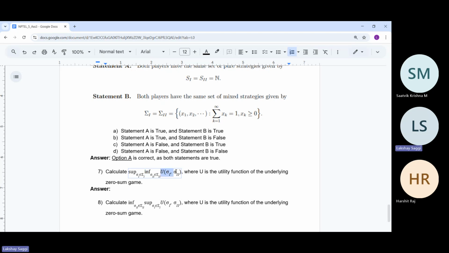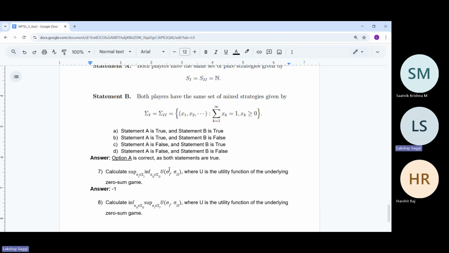So this utility for player one will always be -1. It's a supremum because we have an infinite series, so actually in the limit it will be equal to -1. But let's just ignore that for now because it becomes more about mathematics rather than the underlying game theoretic concept.